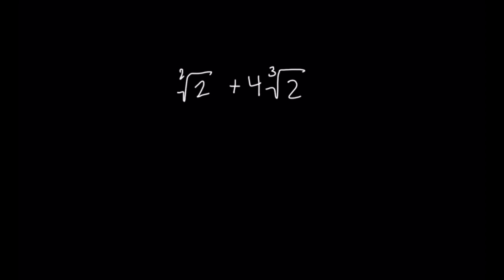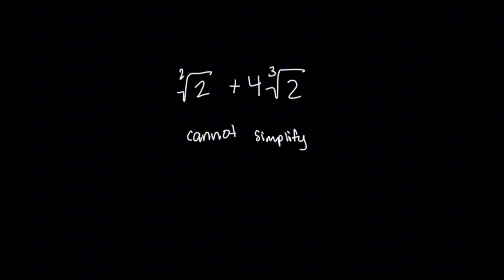So we can't add it because they're not the same. So this equation would not be able to simplify, because the indexes are not the same. Therefore, the number inside the radical technically isn't really the same, because when you cube root 2, it gives us a different answer than the square root of 2.